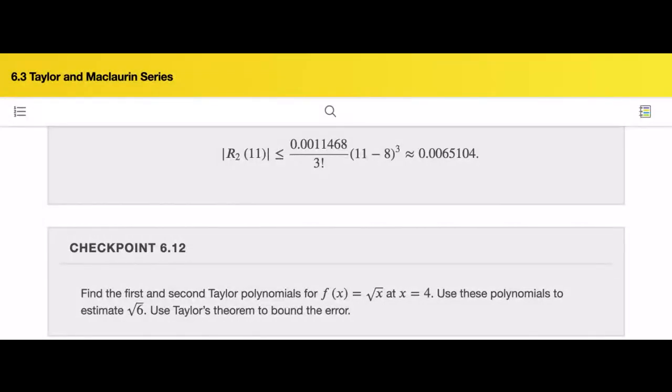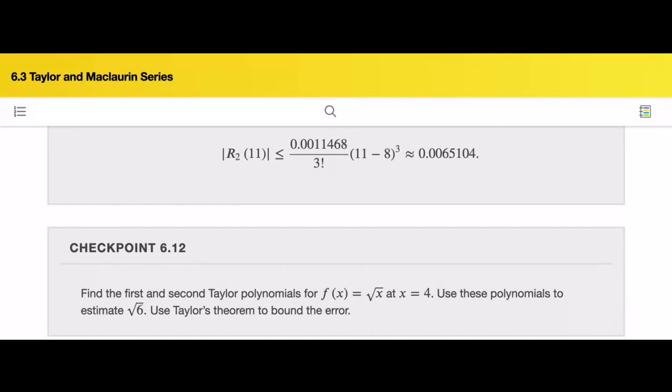Okay, so let me see. What I get is, P1, I'm typing in the chat. P1 of x is a linear function, which is x minus 2. And P2 of x is a quadratic function, which is x minus 2 minus 1 over 32 times x minus 4 squared.